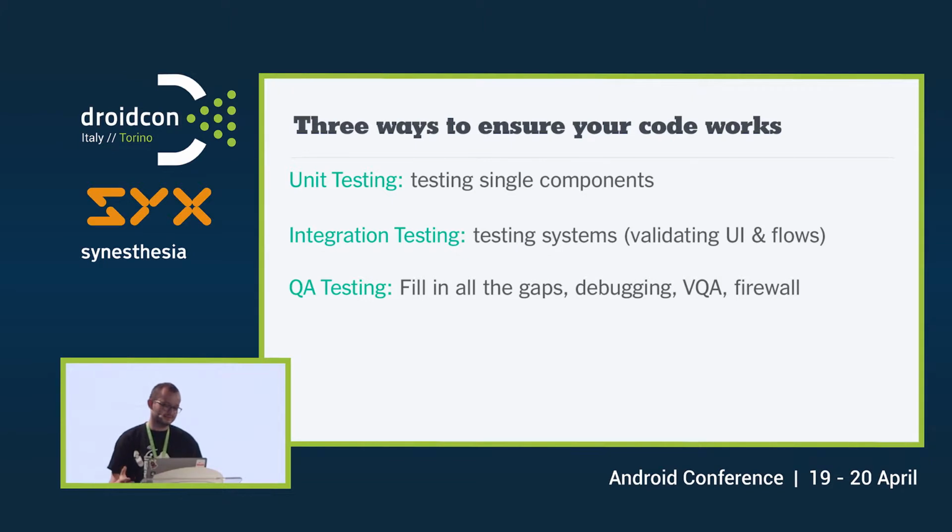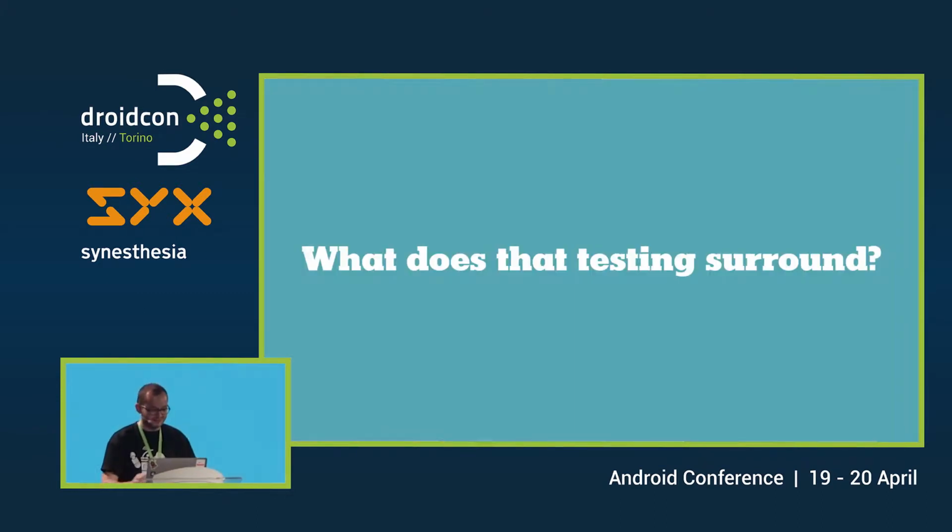QA testing is, you're building a brick wall, they're the mortar, they fill in all the gaps, they do debugging, they provide some visual QA, they're that firewall. And I guess the fourth is during development, but that doesn't really count. Another added benefit of QA is that they file Jira tickets for you, which is super convenient because no one likes to do that.